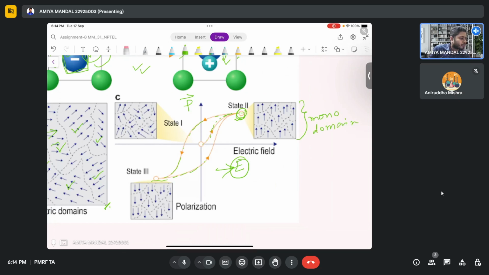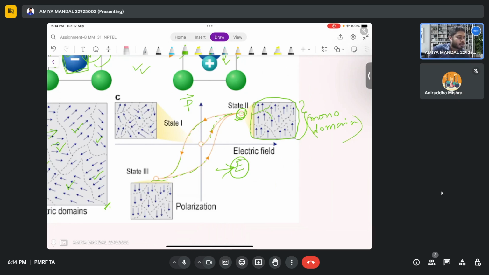Monodomain means at each domain, at each region, every dipole is arranged in a similar direction. So we can consider this whole region as a single region in which every dipole is arranged similarly, and this is termed a monodomain.